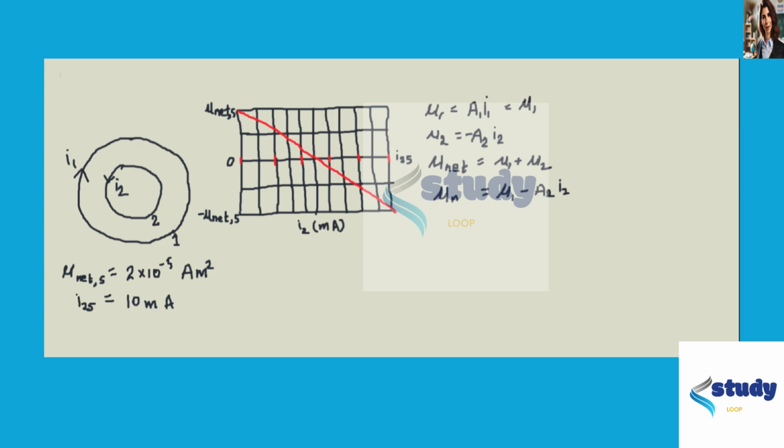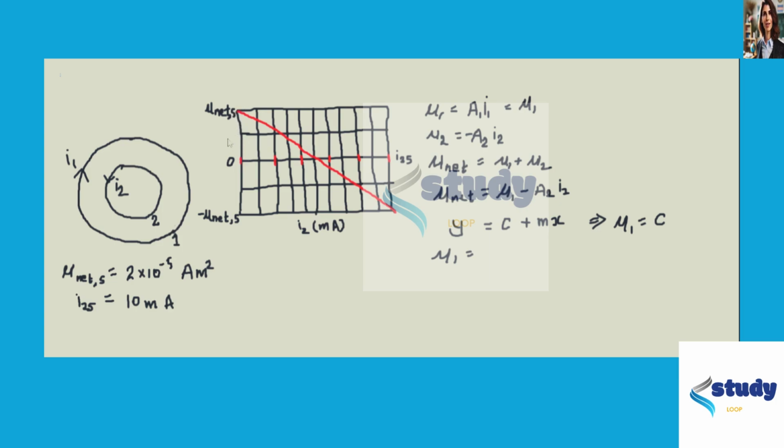Now look at this equation. It resembles a straight line, y equals c plus mx, where m is the slope and c is the y-intercept. This implies that the value of mu1 should be equal to the y-intercept c. If you look at the graph, the y-intercept of this line is the point at which the line cuts the y-axis.